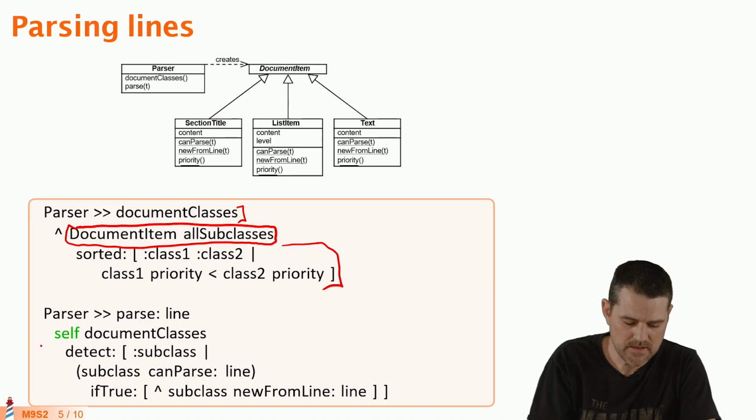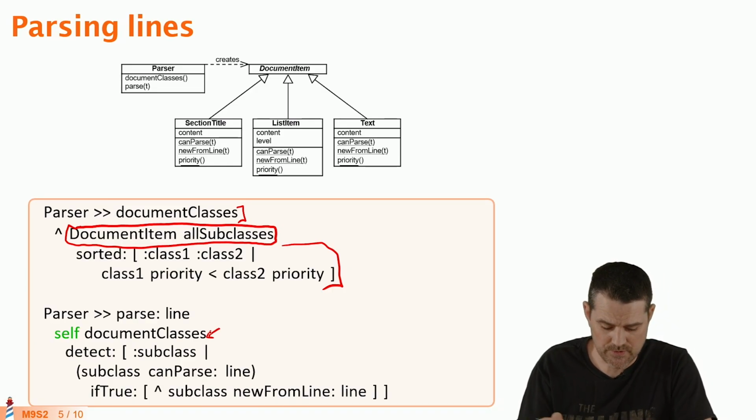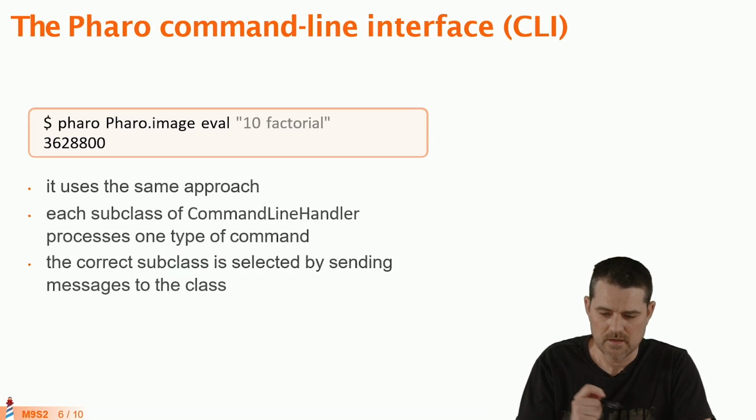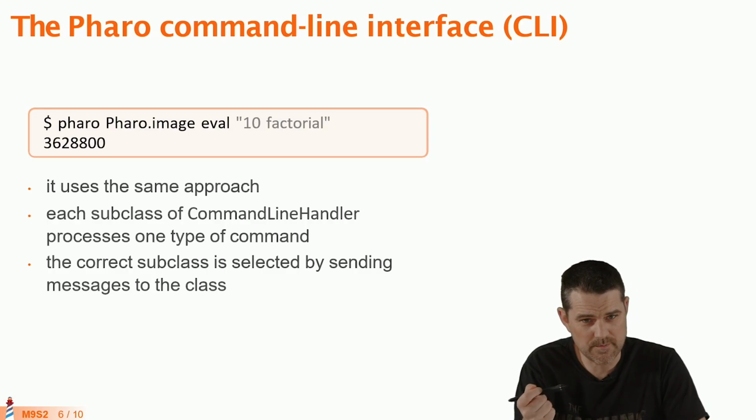Now that we have a collection of classes, we can iterate over it and, using the canParse message, find the first one that can parse a specific line of text. This is a really useful pattern because I can easily add new subclasses and it works perfectly. And this pattern is also used in the command line interface.